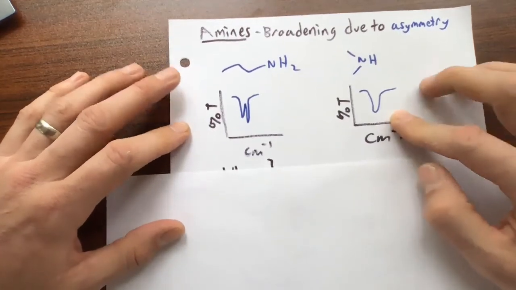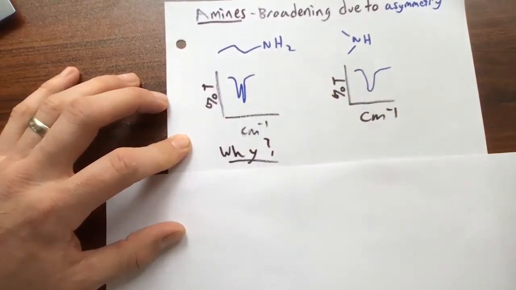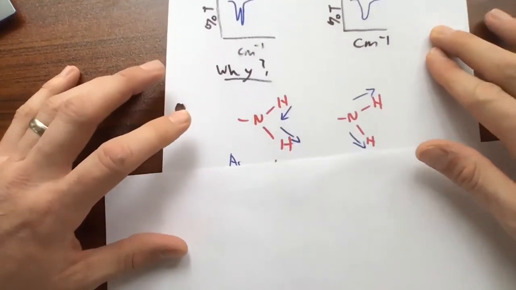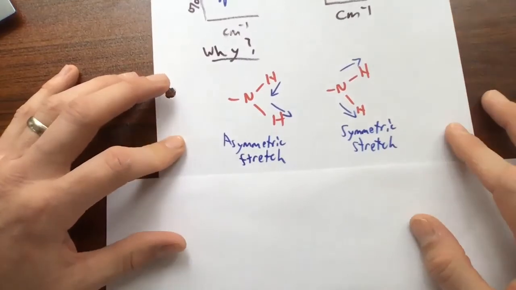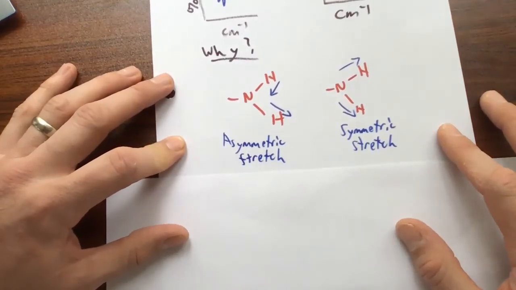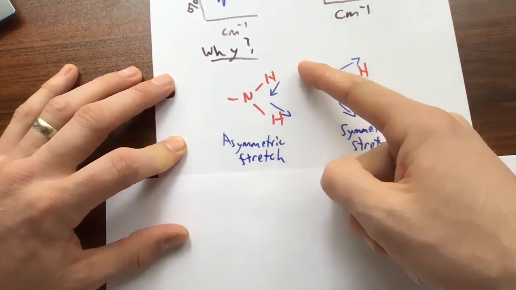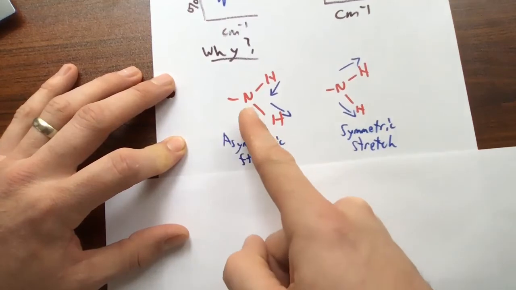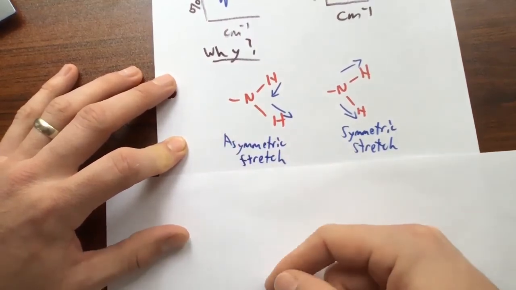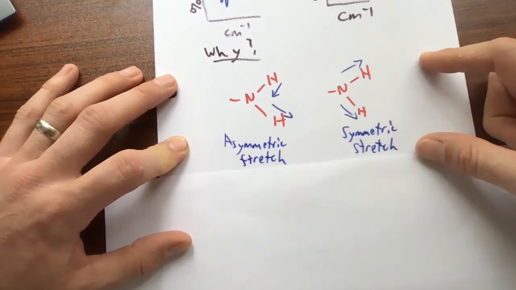It might be easy to say, oh, well, the NH2 has two hydrogens, so two signals, right? Not exactly, because the amine has two types of stretches it can do. It can either do an asymmetric stretch, where the one hydrogen comes toward the nitrogen and the other hydrogen goes away, or it can have a symmetric stretch, where both hydrogens are going away from the nitrogen.